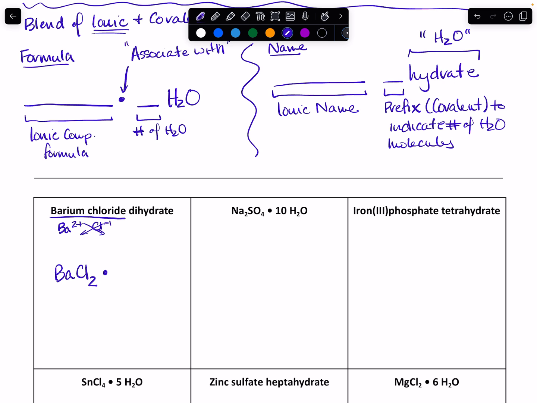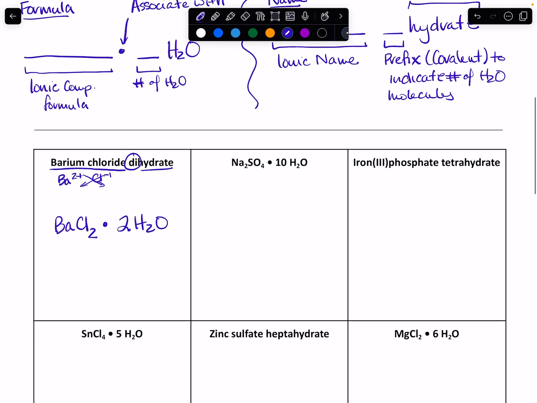The dot is associated with, di is 2, and hydrate is H2O. So barium chloride dihydrate is BaCl2 dot 2H2O. It's a barium chloride crystal with 2 waters associated per BaCl2 formula unit.